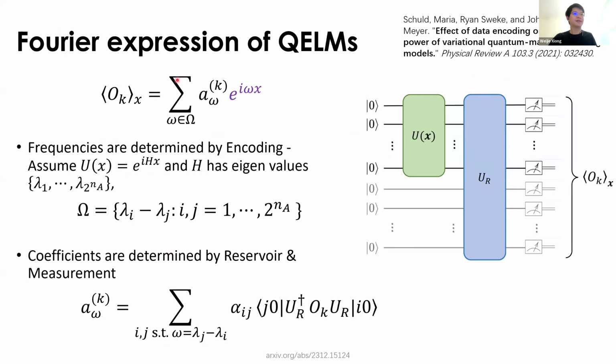Then the measurement outcome of any Hermitian observable can be expressed as a Fourier series. The achievable frequencies are determined by the differences of eigenvalues of this generator, or simply we say that the frequency is fully controlled by the encoding strategy. But the coefficients are determined by both the reservoir, UR, and the measurement.